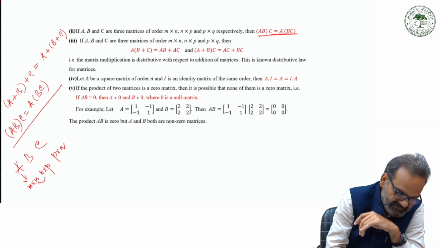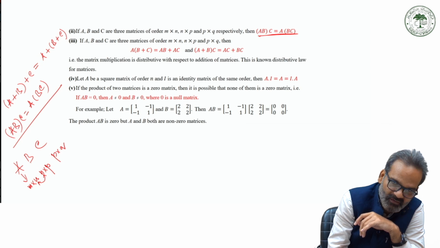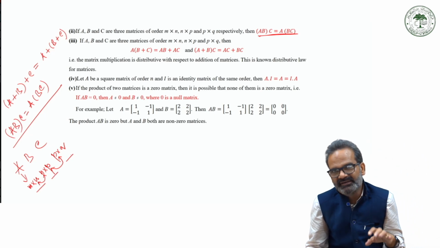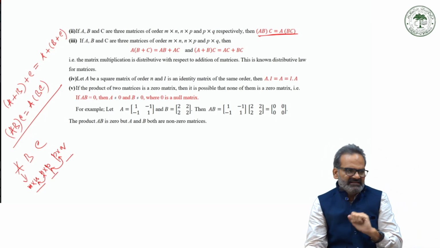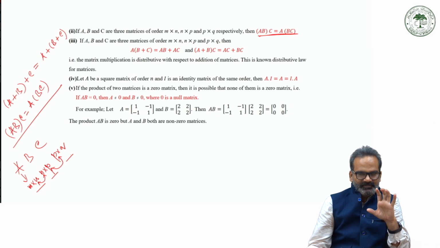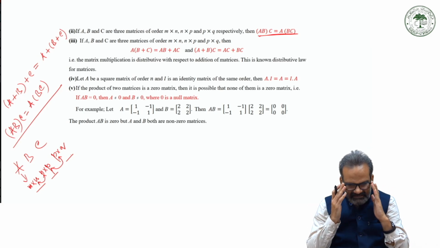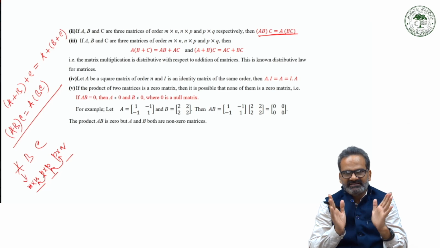Because this is the requisite condition for the product. Columns of A should equal rows of B to find AB. To find BC, columns of B, that is P, should equal rows of C. So this is how we define the orders of A, B and C. Then we can check whether this property is satisfied or not. So matrix multiplication is very much associative in general, right?